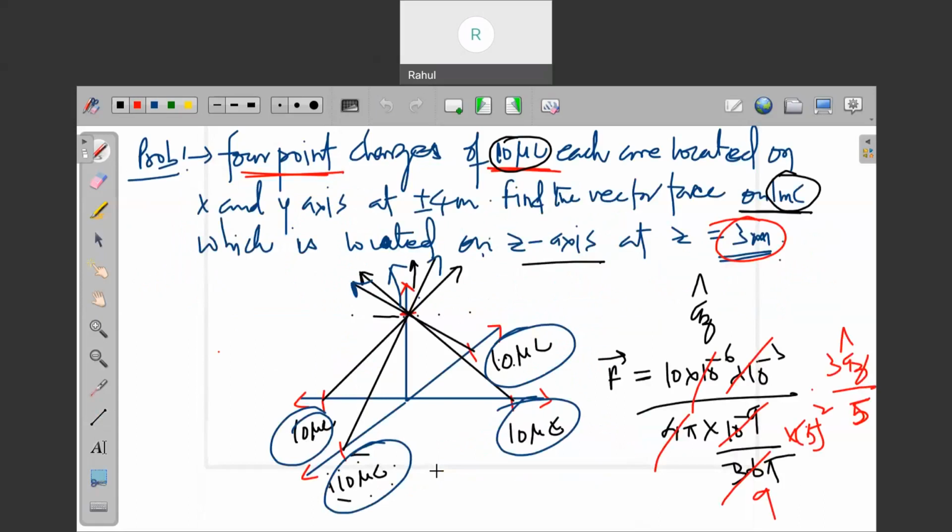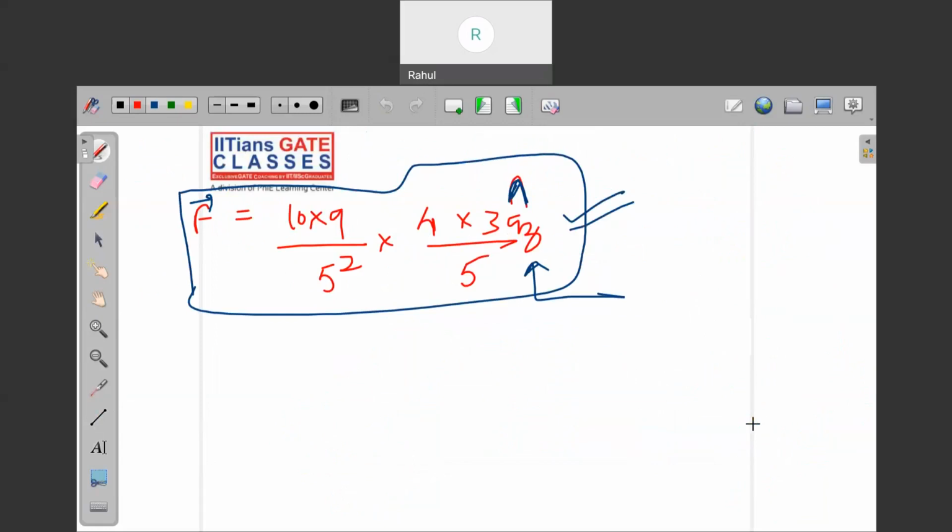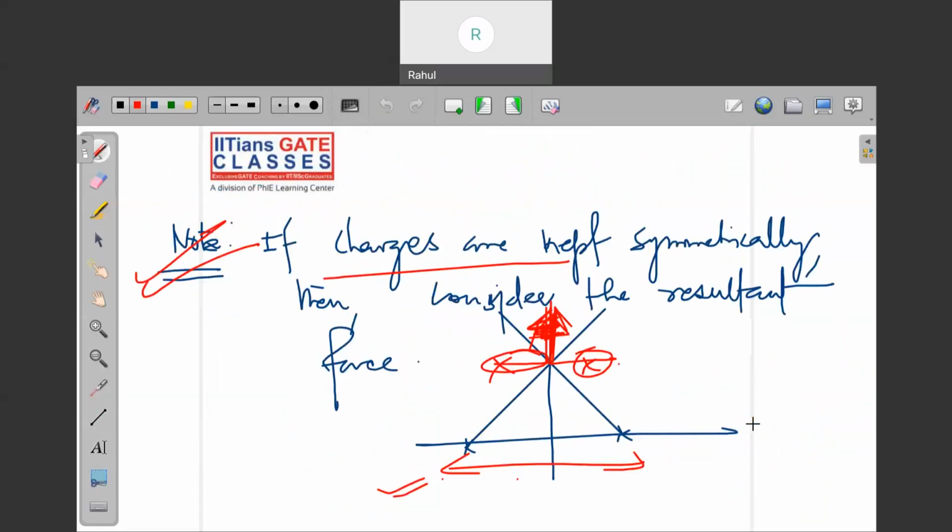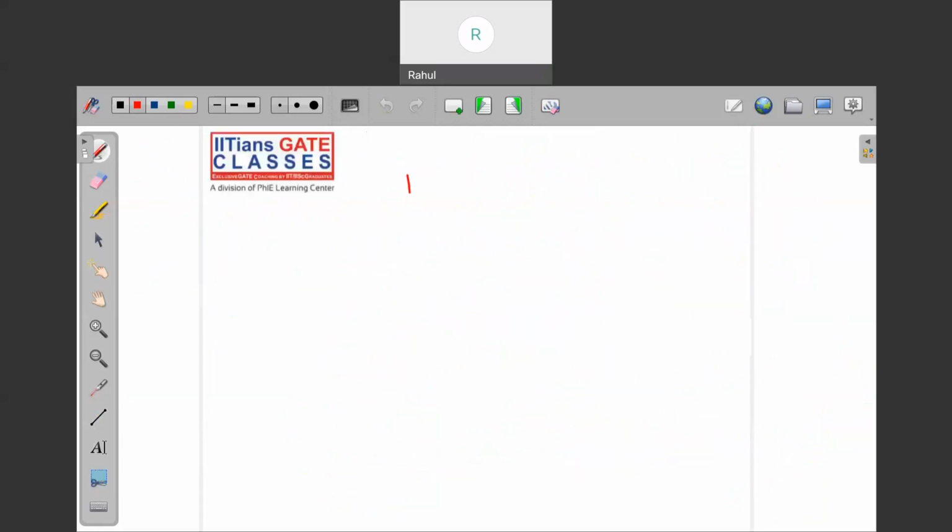And if you're going to solve this question, how did I find this r square? So there might be confusion, right? As we know how to find the distance between 2 points, suppose, let me take this one.